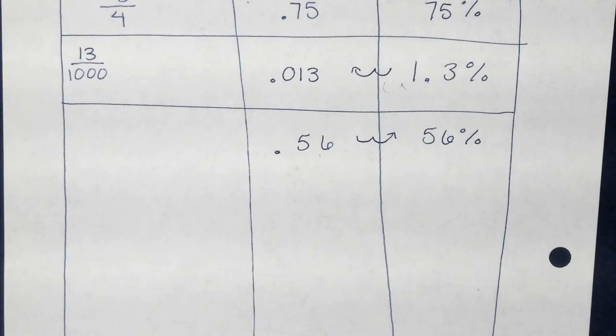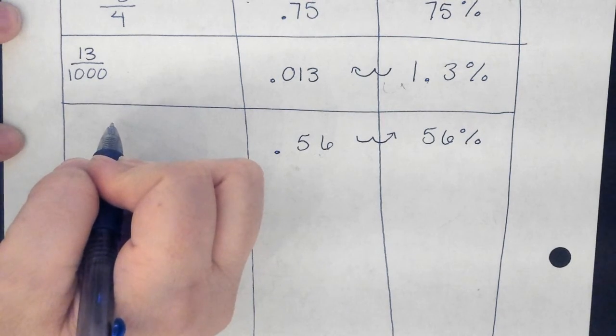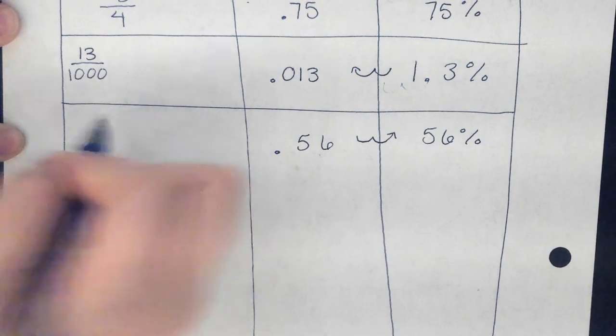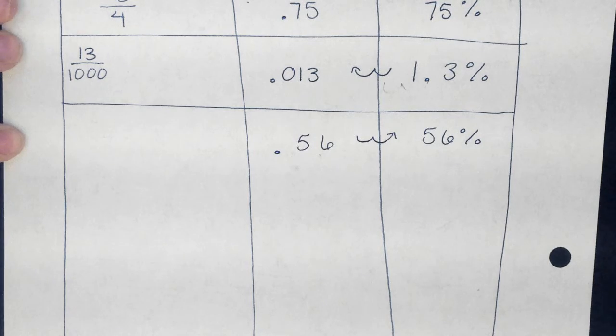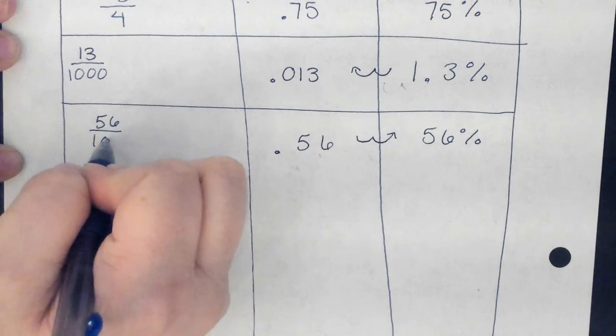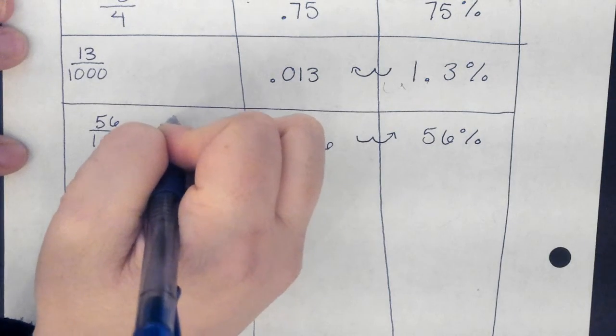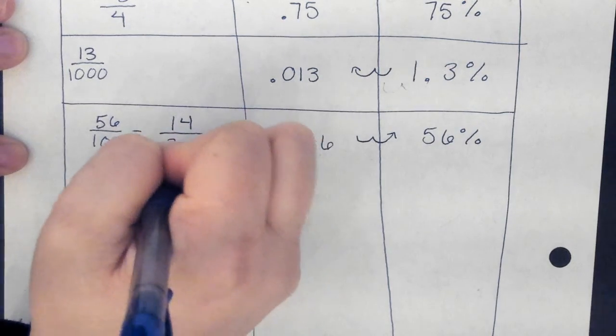What's my fraction going to be, Leah? Nope, not yet. Jesse? Not yet. What is my fraction going to be that I have to make it first? Annalise. 56 over 100. And then you can divide by 4 and get 14 over 25.